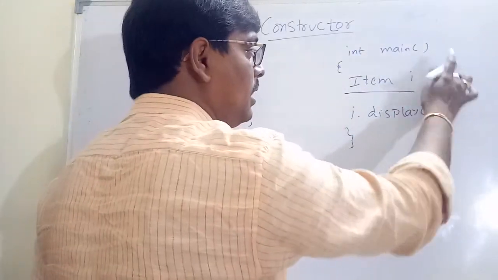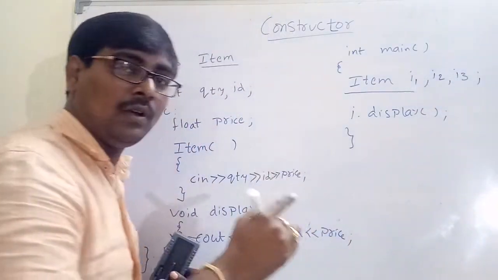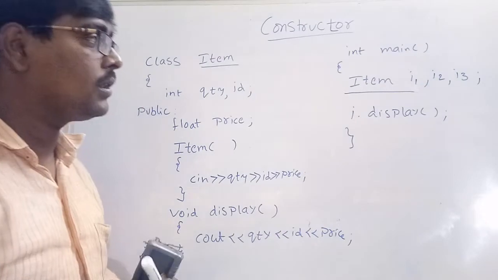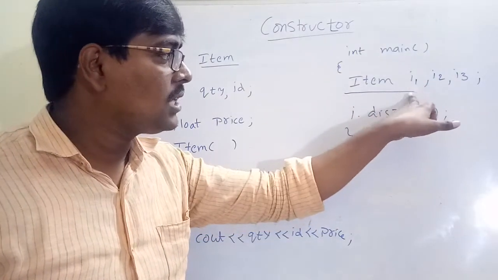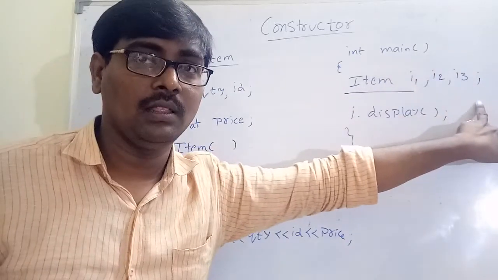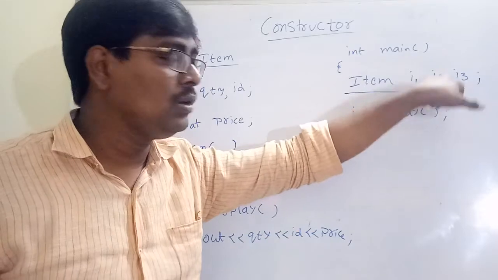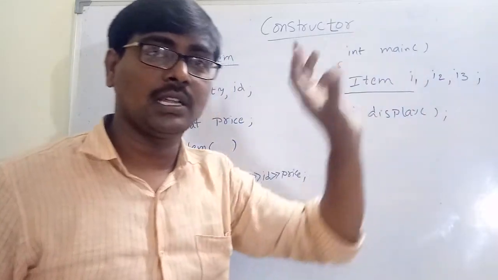That is completely your wish. I1, I2, I3. The objects are created in the order they are called. That is, first I1 is created, next I2 is created, next I3 is created.